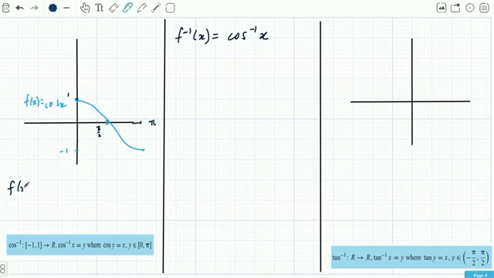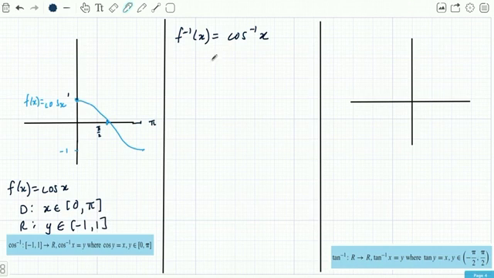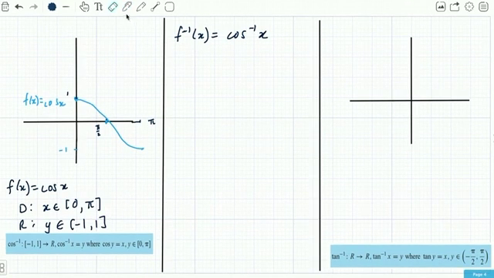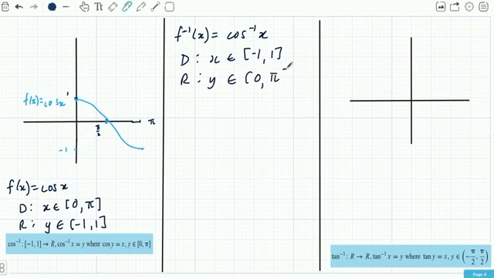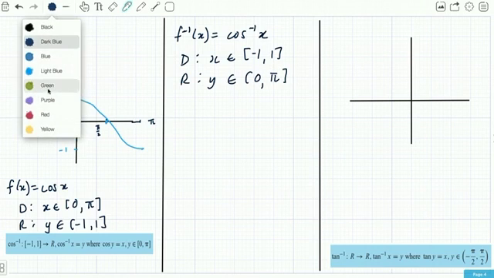So for f of x equals cosine of x, our domain is x between 0 and pi, and our range is y, and it's between -1 and 1. It's just like sine. So our new domain and range for our inverse is going to be, our domain is going to be what the range was previously for the original function. So between -1 to 1, and the range is going to be between 0 and pi. So we'll do this one in red.